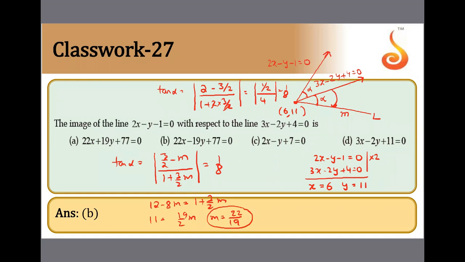We know the point, and now we calculate the line image. How do we calculate the image?